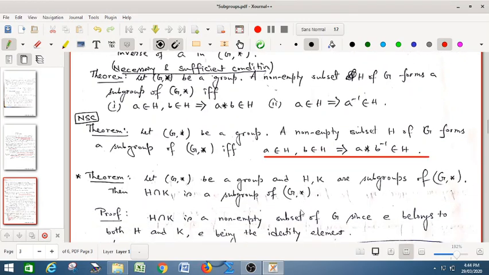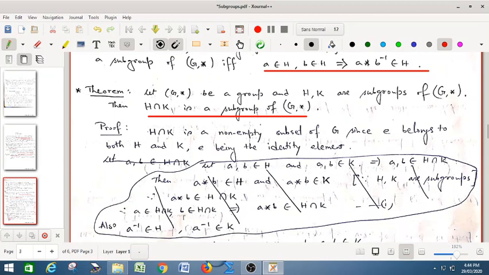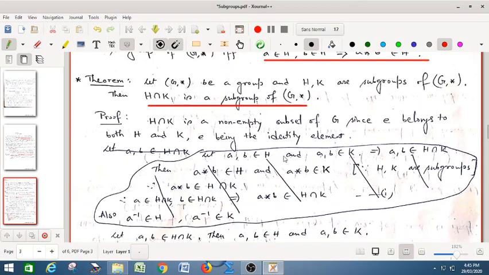Now there will be several questions asked. If H and K are two subgroups, can we say H intersection K is a subgroup of G star? Yes, H intersection K is always a subgroup of G star. That is already proved in the following very short proof. H intersection K is non-empty, because e belongs to both H and K, e being the identity element.